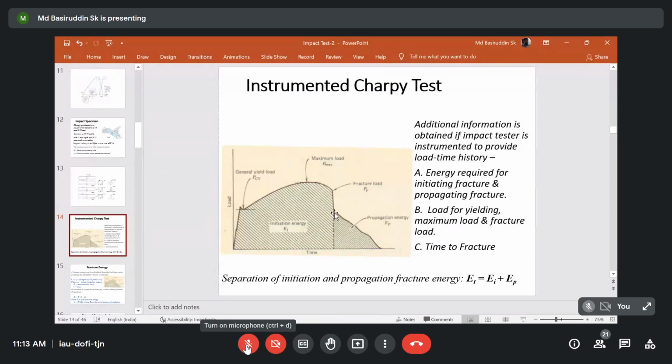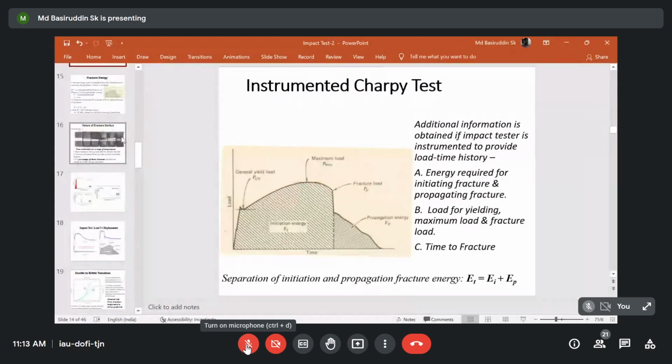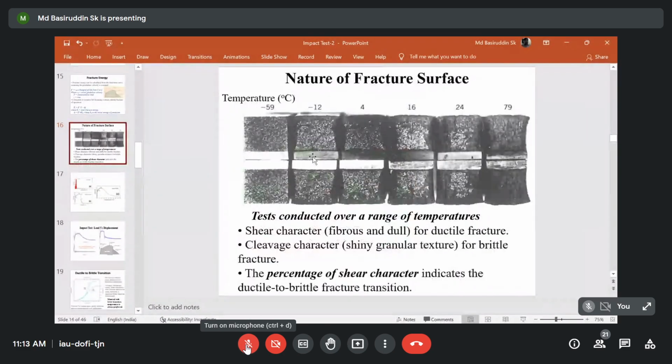If we see the fracture surface very carefully, I think it will be clear that if your material has a certain notch, then once the crack propagates, up to a certain length the crack will propagate in a ductile fashion, when the initiation energy is significant.